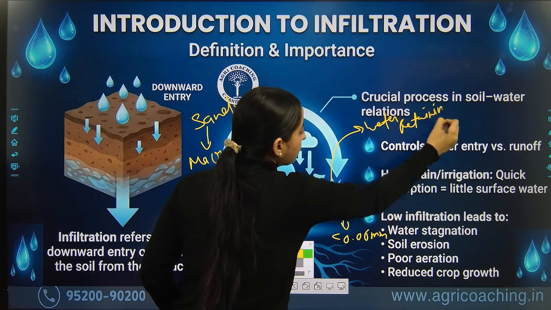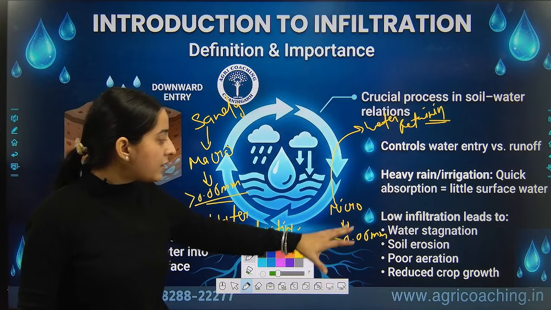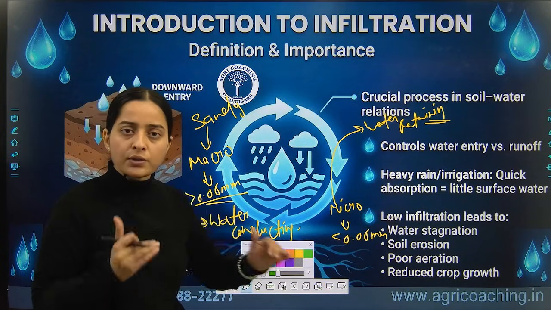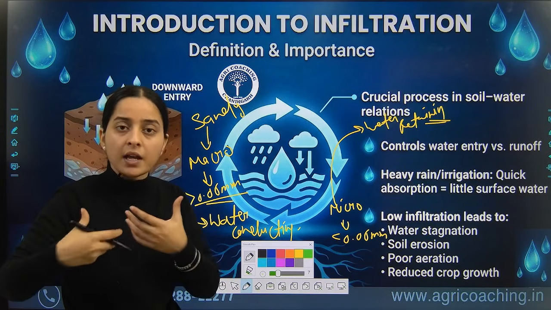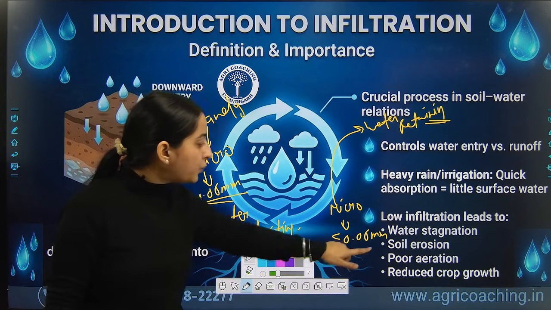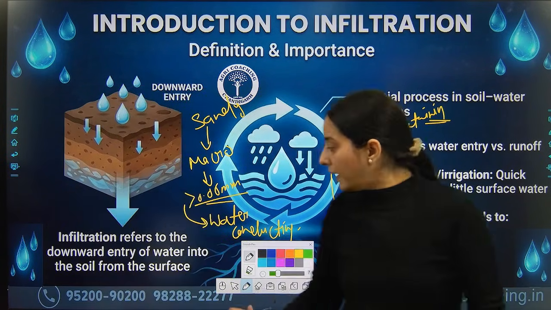If there is low infiltration, this can lead to water stagnation or soil erosion also, because if water is not entering the soil, it starts to move over the surface, runoff will occur, and the erosion rate starts to increase, along with poor aeration and reduced crop growth. So infiltration should be good in our soil.